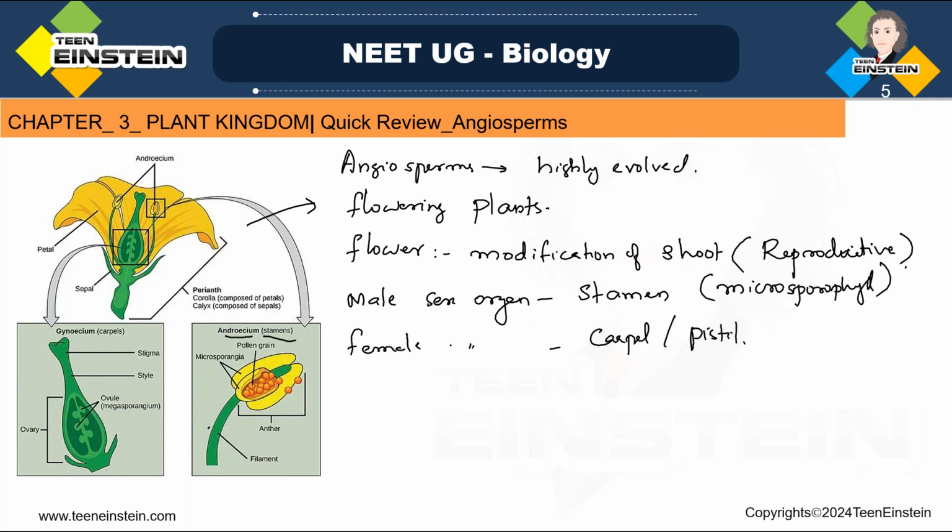And the female part is called carpel or pistil. This is the structure of stamen. A microsporophyll or stamen has a filament. This is a very slender filament.